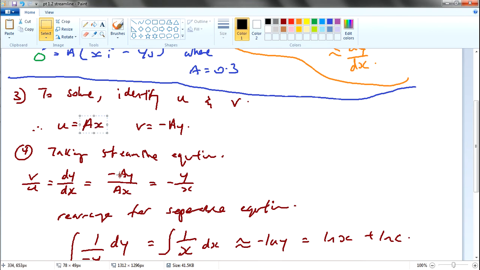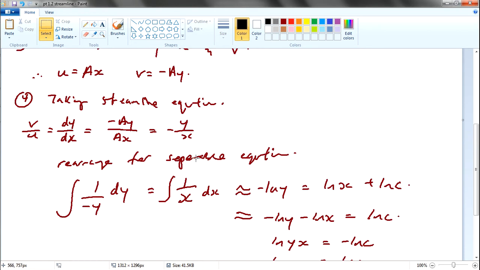Therefore it is equal to minus y over x, because you cancel away the a's. a is a constant, and then you rearrange for a separable equation.